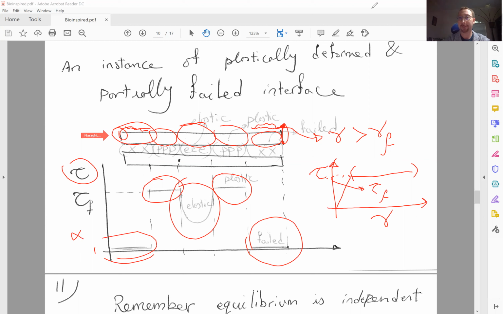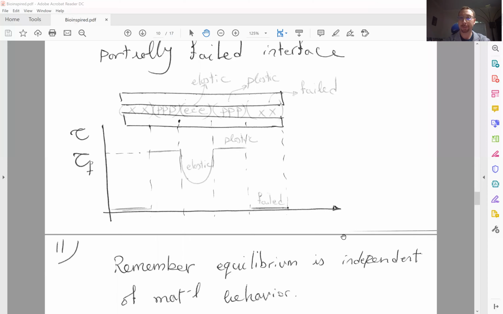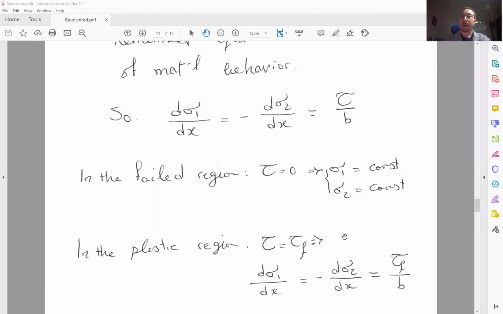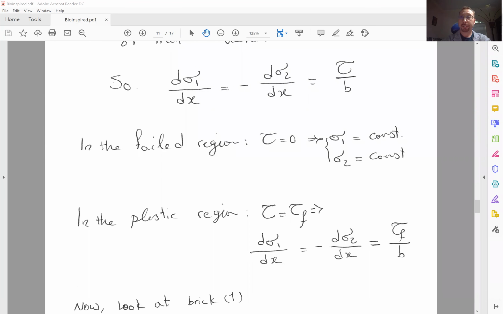That's a qualitative understanding. Let's see what we can do to have a quantitative understanding of the mortar. Now, the material behavior changes when we're in the plastic regime. We have to use an elastic perfectly plastic response. However, the equilibrium equations won't change.